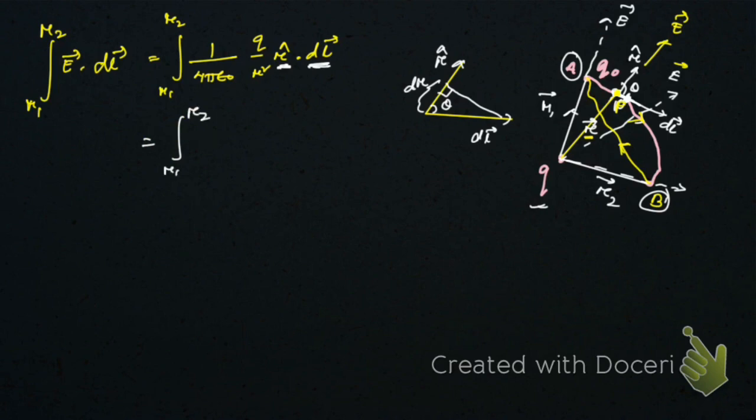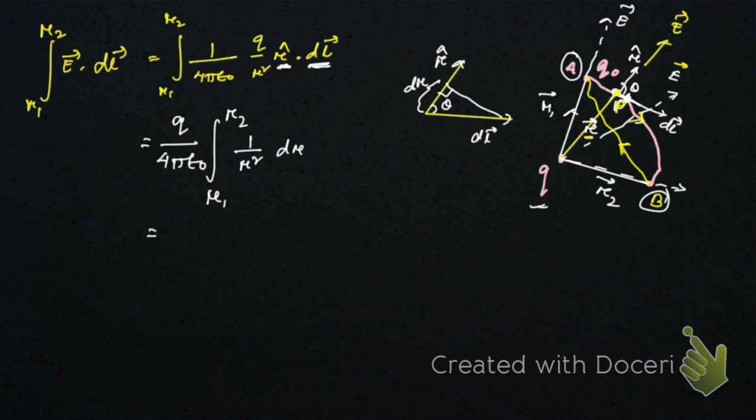One by 4 pi epsilon naught is constant, so it can be written outside. Q also can be written outside, so 1 by r square dr, we can write that way.